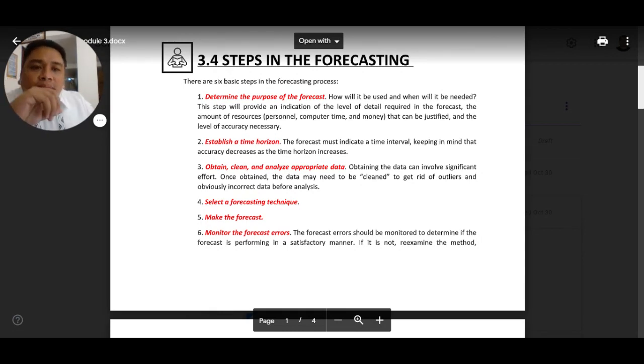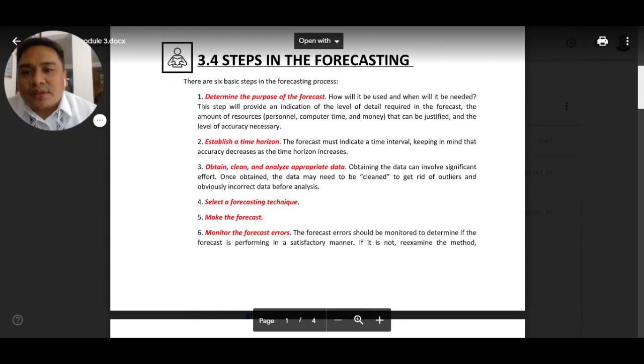Bakit natin alamin kung ano yung mga kailangan natin gawin in the future for our operations? What is primarily our purpose? When is it going to be used? Not all the time do we base our decisions on forecasting.